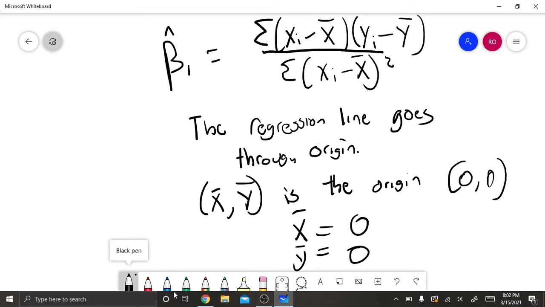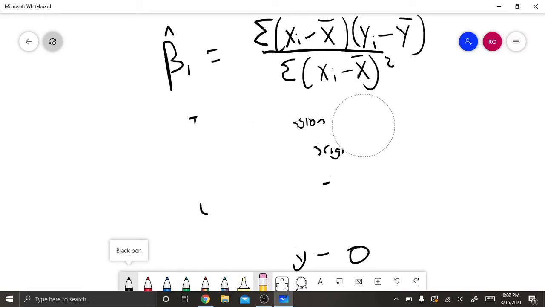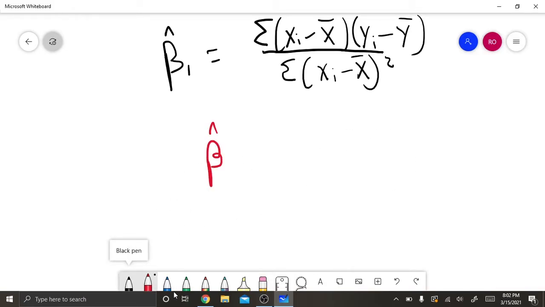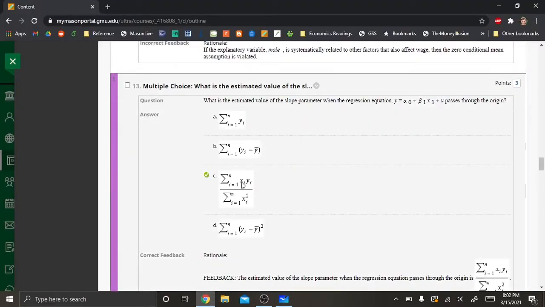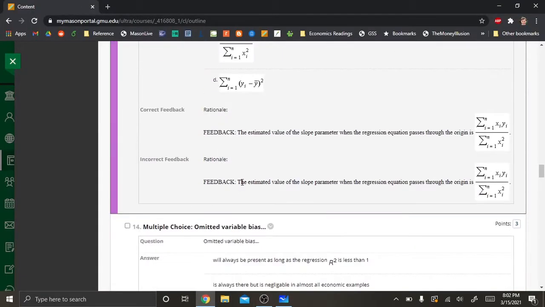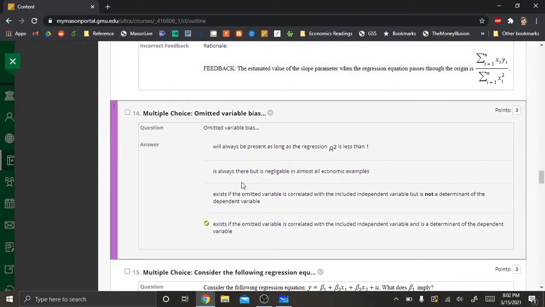Okay, so then if we plug in up here that x bar is equal to 0 and y bar is equal to 0, we can get the special case of regression through the origin that the slope is going to be equal to that, which we can see is C. Okay. Omitted variable bias.